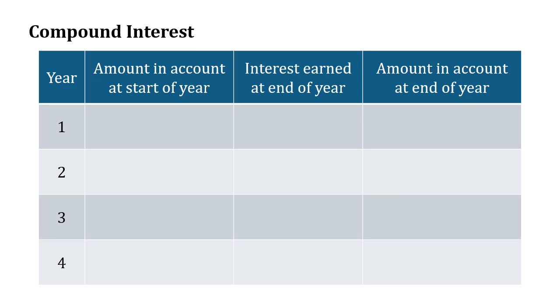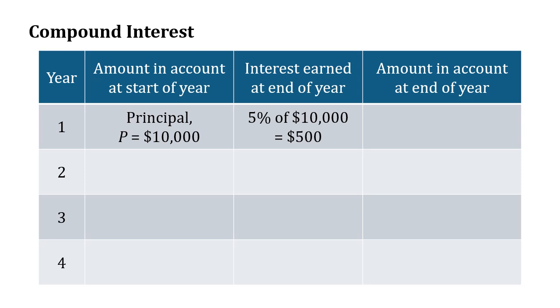Moving on, let's look at how it works when it is compound interest. Using the same principal amount deposited into the bank, $10,000. In the first year, interest is 5% of 10,000, which is 500. It adds up to 10,500 at the end of the year, which carries over to the second year.